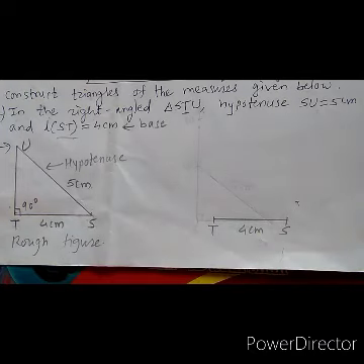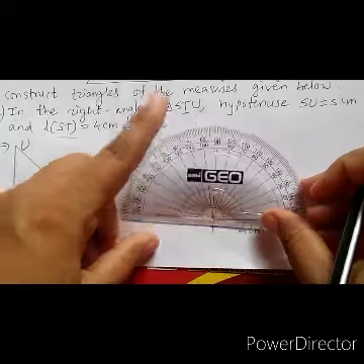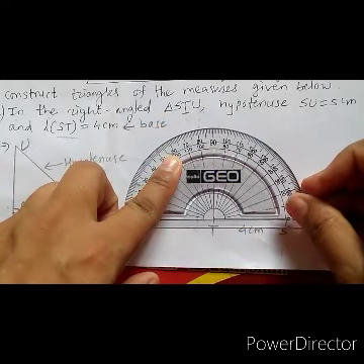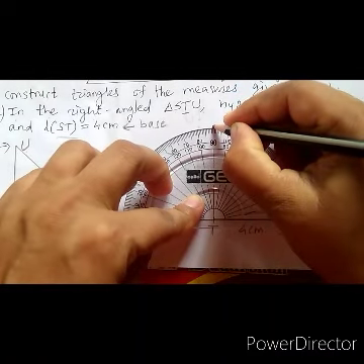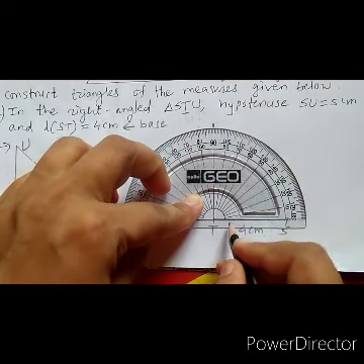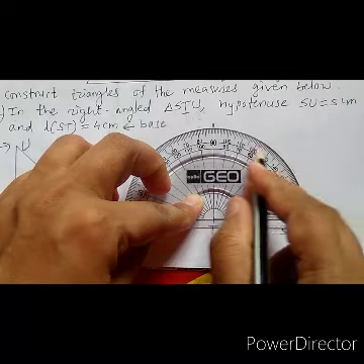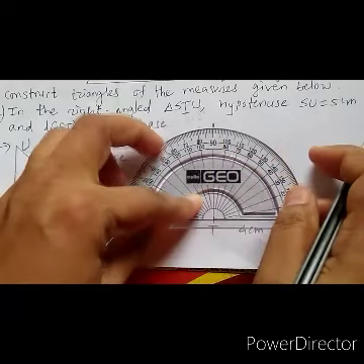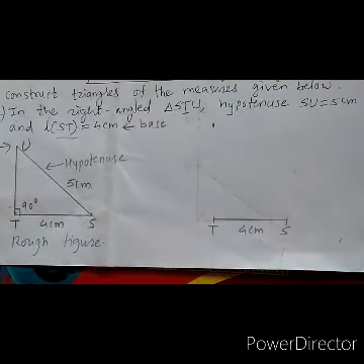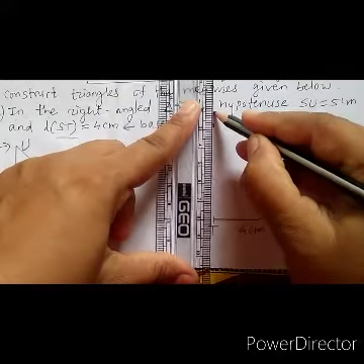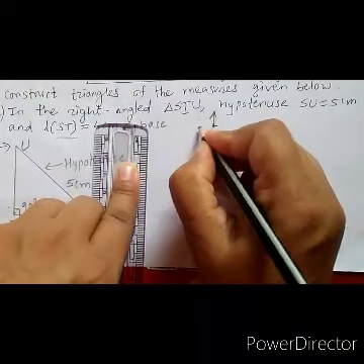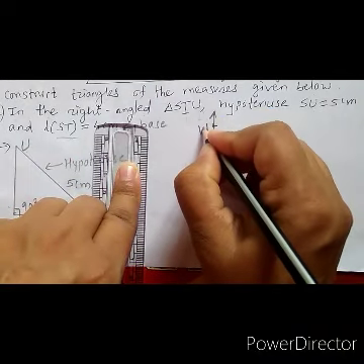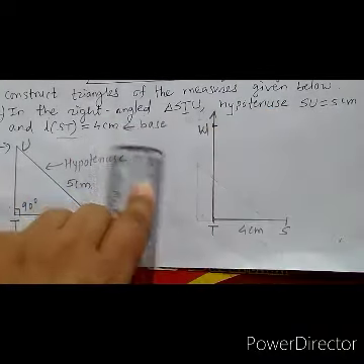Now at this point T we have to draw a right angle, that is 90 degrees. So from the right hand side we have to count, and then we will get 90 degrees. Now join these 2 points, and at this ray we can take point W, that is we got ray TW.